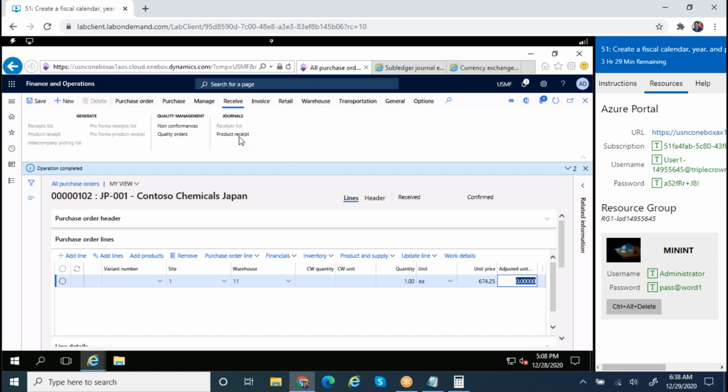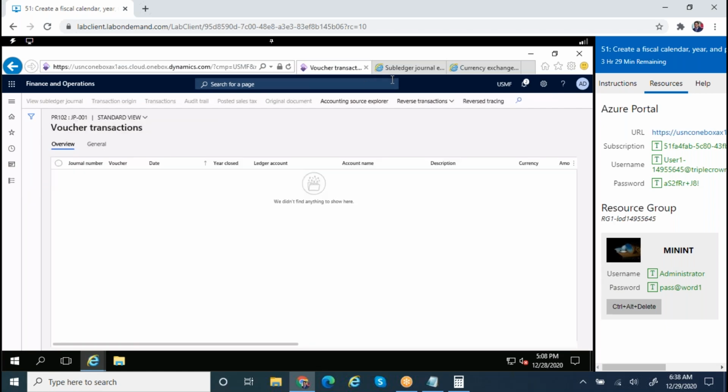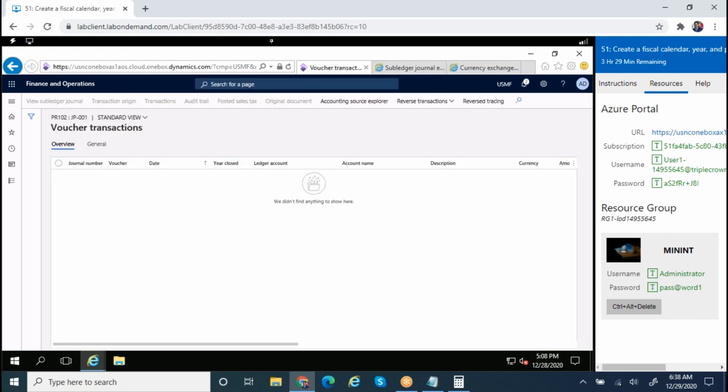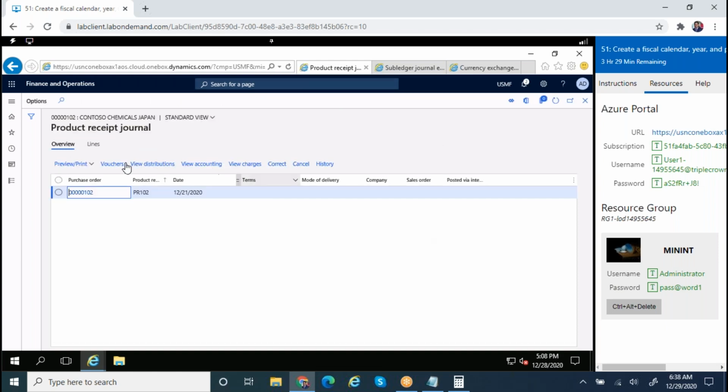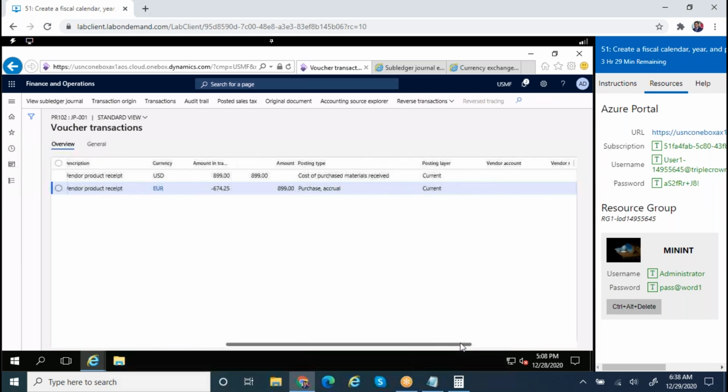Okay. Now if you verify the product receipt vouchers, 674.25 euros I need to reserve the funds, that is the purchase accrual amount, and the cost of material account is 899.